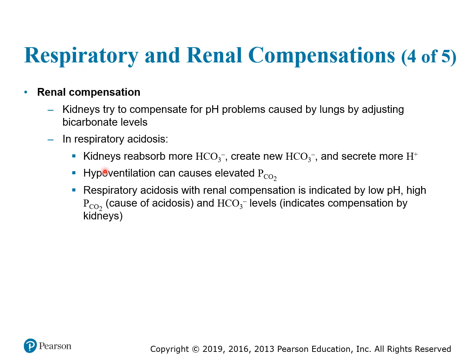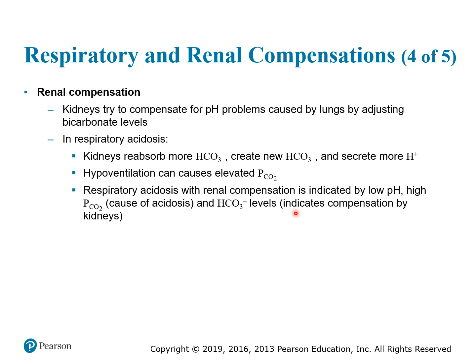And then hypoventilation can cause elevated partial pressure of carbon dioxide. So now when there is elevated partial pressure of carbon dioxide and the pH is low, I will say that this is respiratory acidosis. Respiratory acidosis with renal compensation is indicated by low pH, high PCO2, okay, and then the bicarb levels.